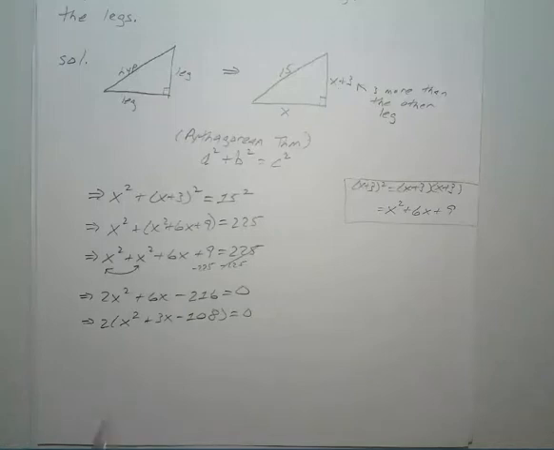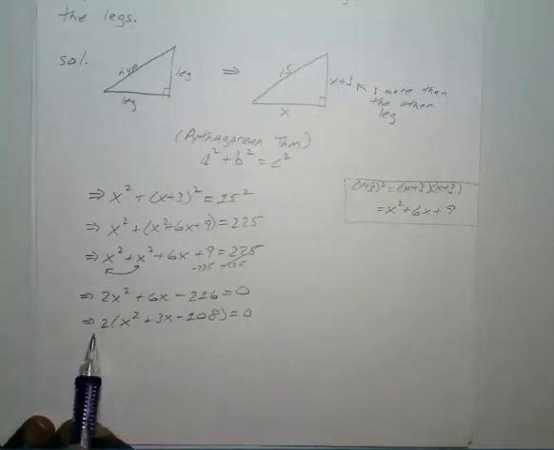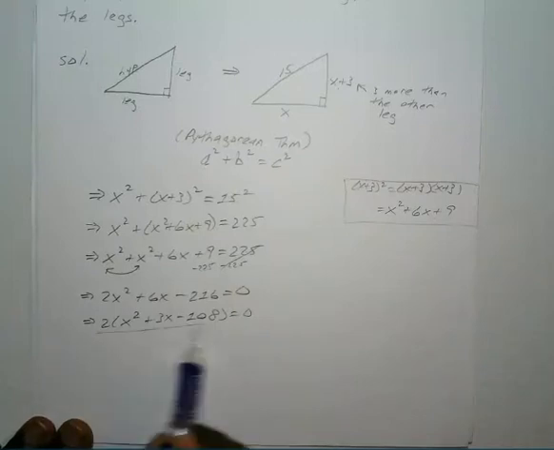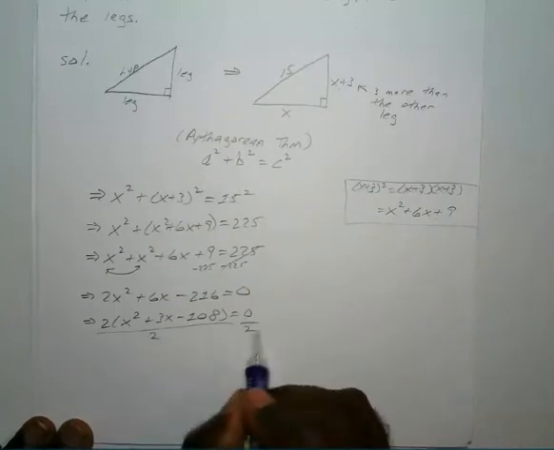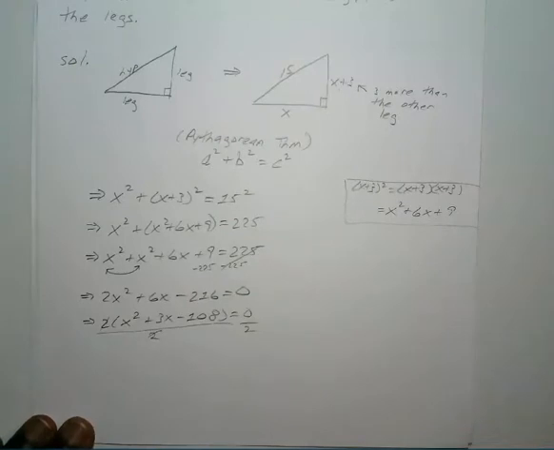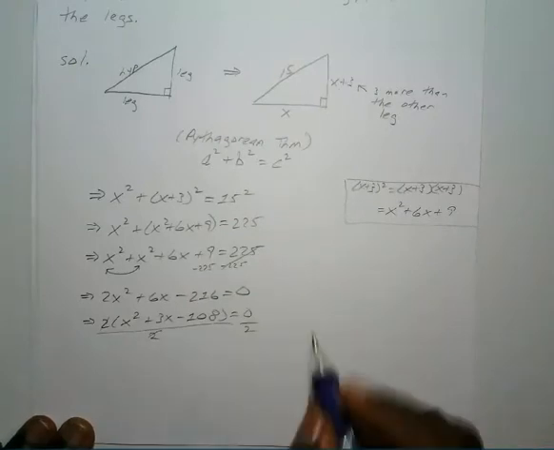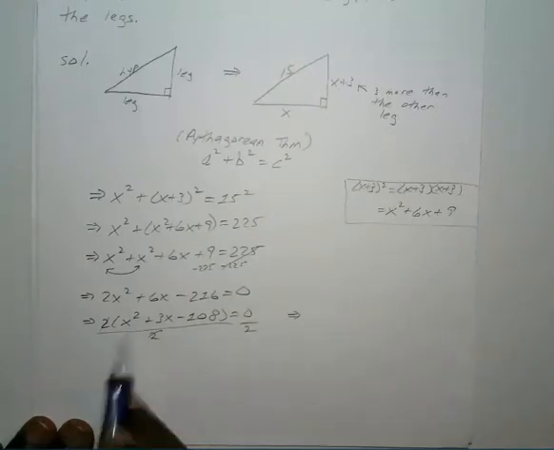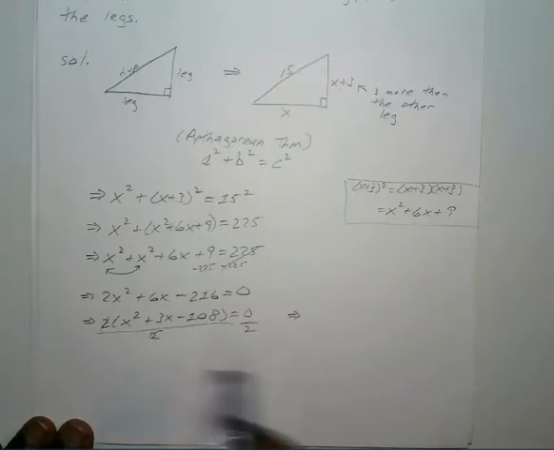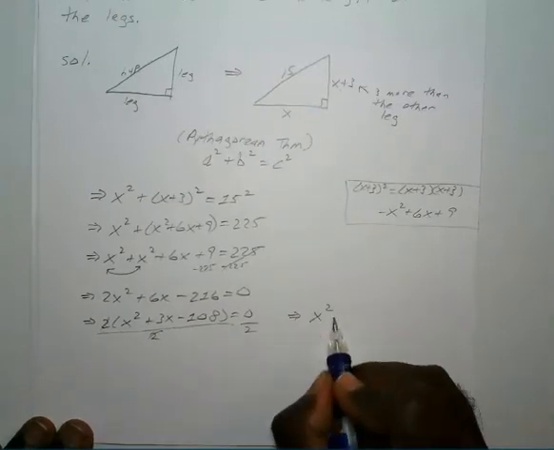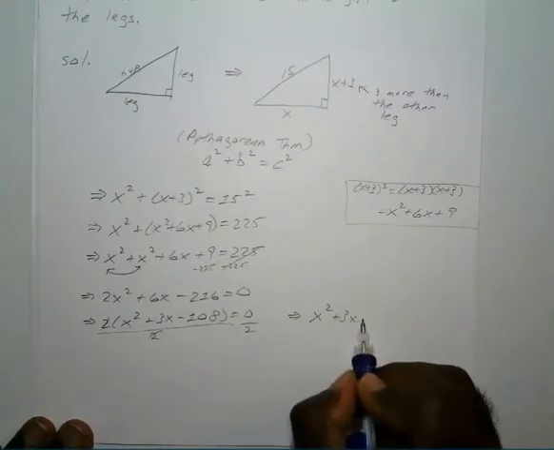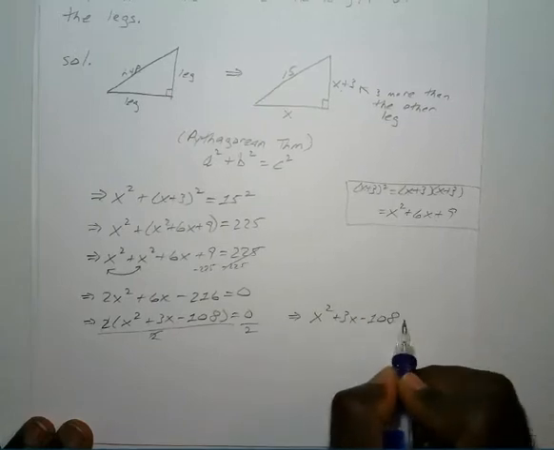Okay, now since we just factored out a 2, remember we can divide both sides by that numerical value. So that gives us x squared plus 3x minus 108 equals 0.